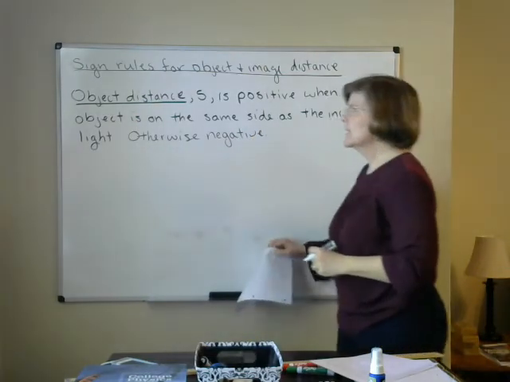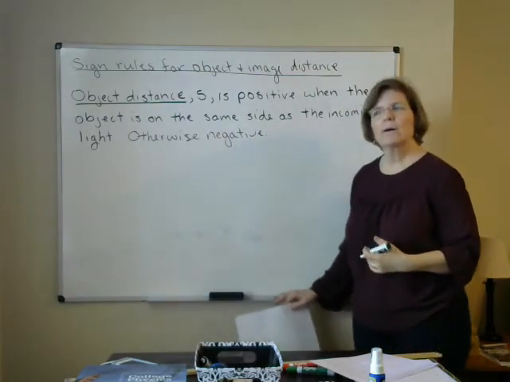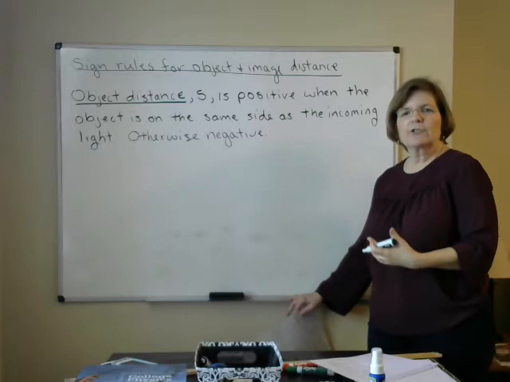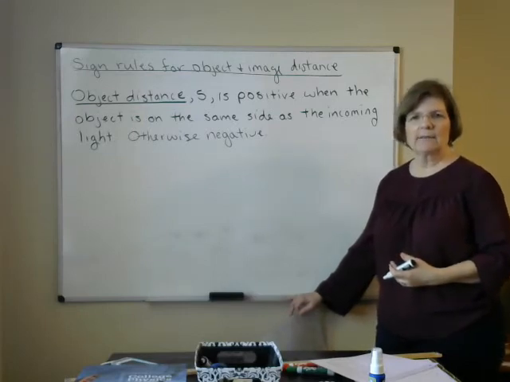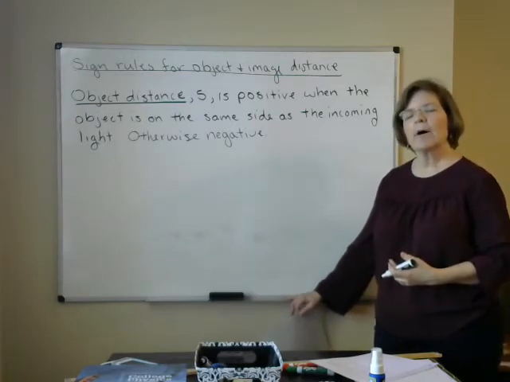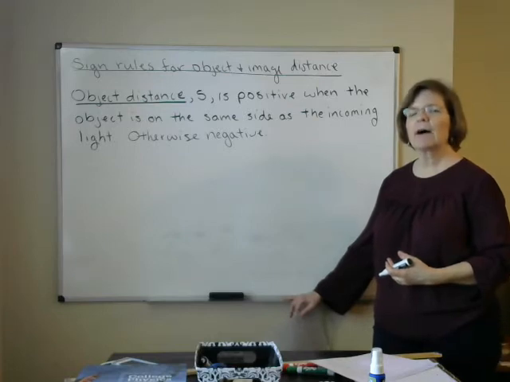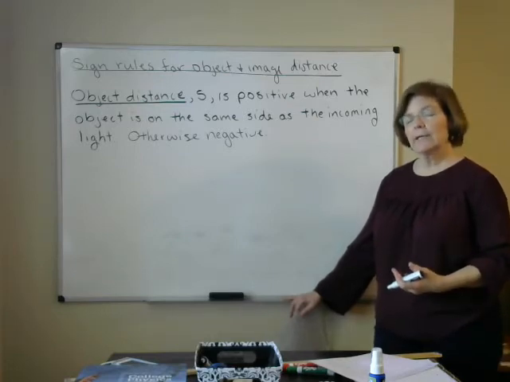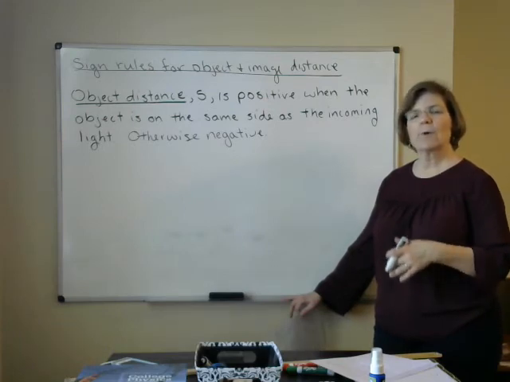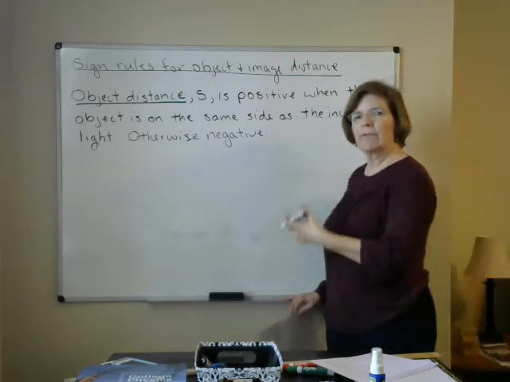If we're talking about a mirror, well, with a mirror, the object always has to be on the side of the incoming light, or it's not possible to put the object behind the mirror, okay? When we talk about lenses, we have lots more flexibility on where things can be in front of or behind lenses.